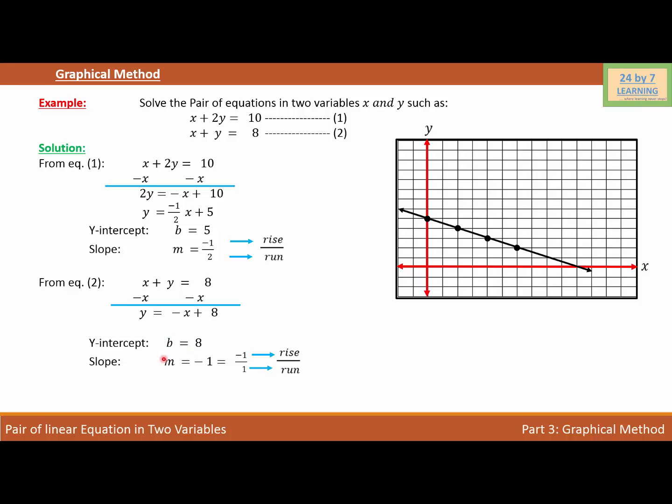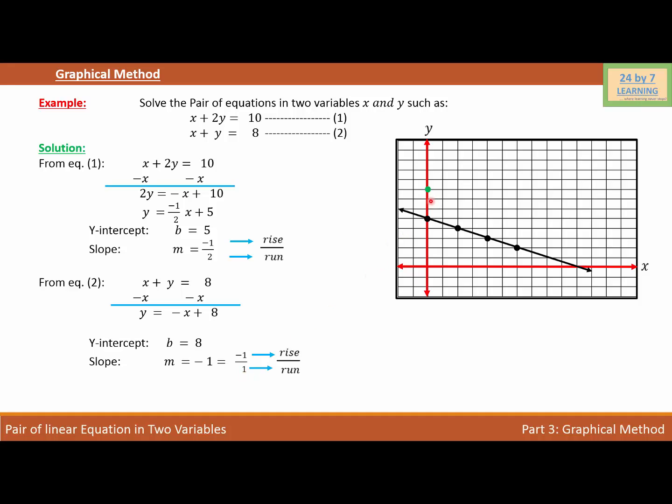Now let's use this information to graph this line on the graph. My y-intercept is 8, and it's a positive number, so I will go 8 up: 1, 2, 3, 4, 5, 6, 7, 8. This is my y-intercept, and my slope is negative 1 over 1. Rise is negative, so I need to go down along the y-axis, and run is positive 1, so I go right along the x-axis.